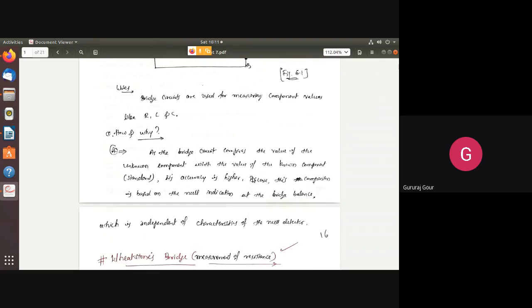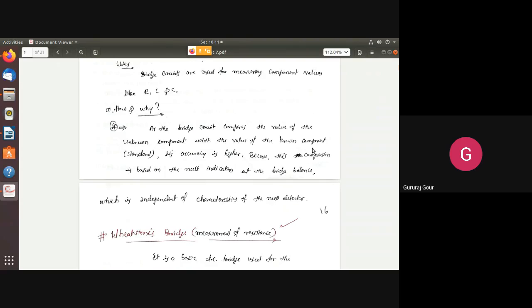So why do we have to go for this bridge circuit in order to measure the resistance? Because we have seen the digital multimeter also measures the unknown resistance. That will directly give you the value simply by connecting it in the circuit. So the bridge is more accurate compared to the digital voltmeter. That's the reason they quote.